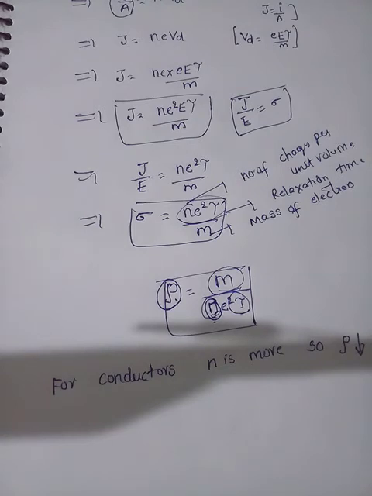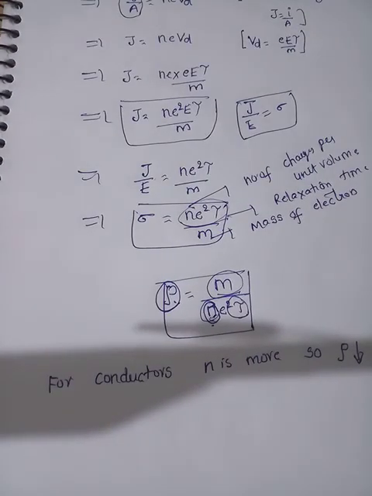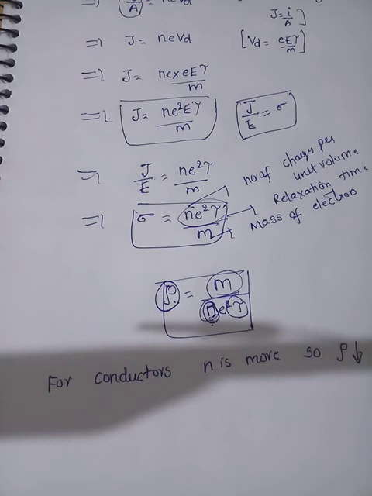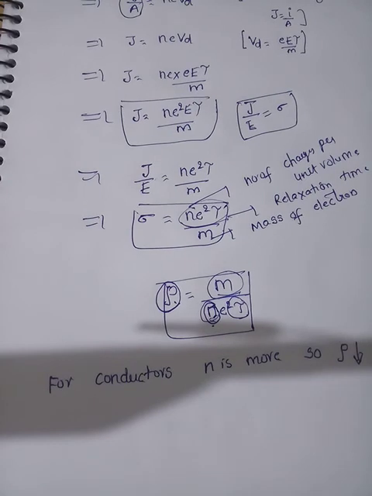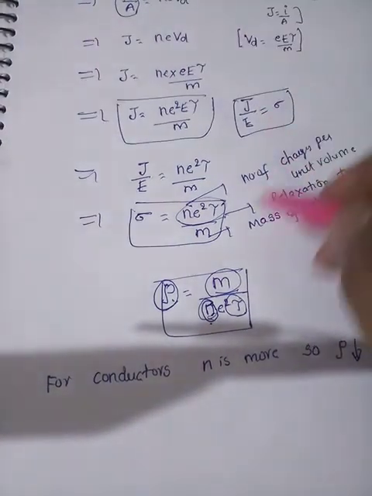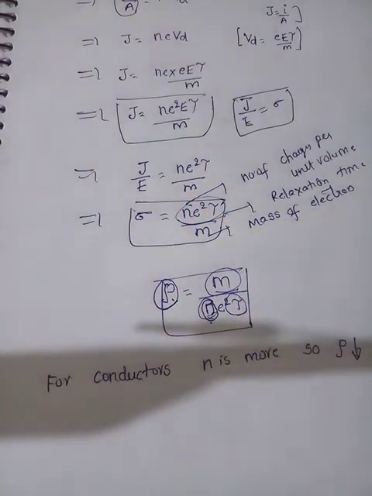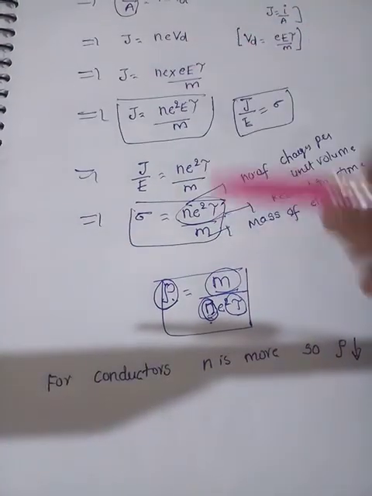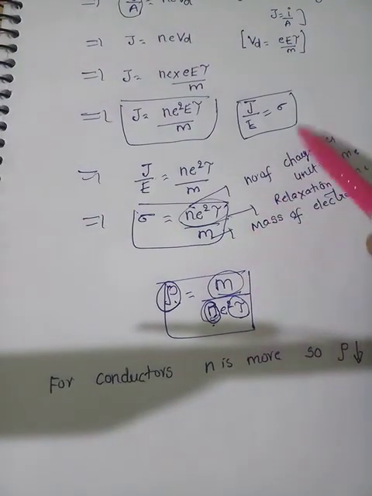So resistivity of a material depends only on medium, not on dimensions. So this is the relation between current and drift velocity, or expression for conductivity. Very important for 5 marks, dear students. So to understand this one, you have to go through the concepts we have discussed previously, then only you will be able to understand what I have done here. Is it right? Clear?